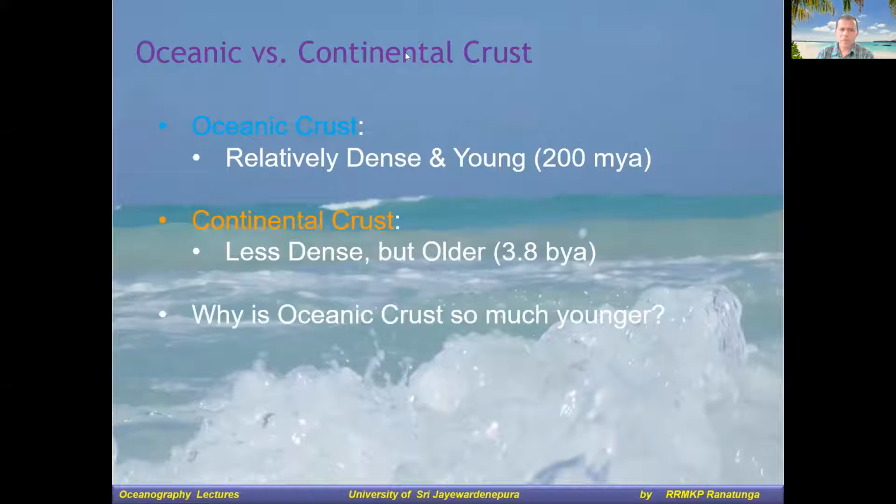As you can see, the oceanic crust is denser, as you already know, and also it's younger than the continental crust. The continental crust is less dense, but it's older. Keep in mind that the ocean crust is younger than the continental crust. We will discuss later and you will understand why it is so.